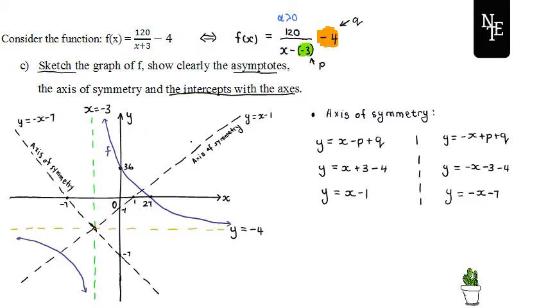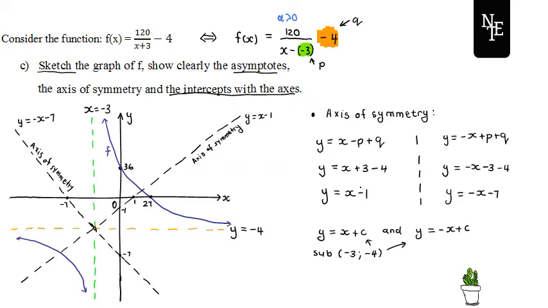So if you wanted to, you could determine the equations of the axes of symmetry using the equations y equals x plus c for the positive gradient, and y equals negative x plus c for the negative gradient, and then substitute the point (-3, -4) into each of these equations and determine your c values.